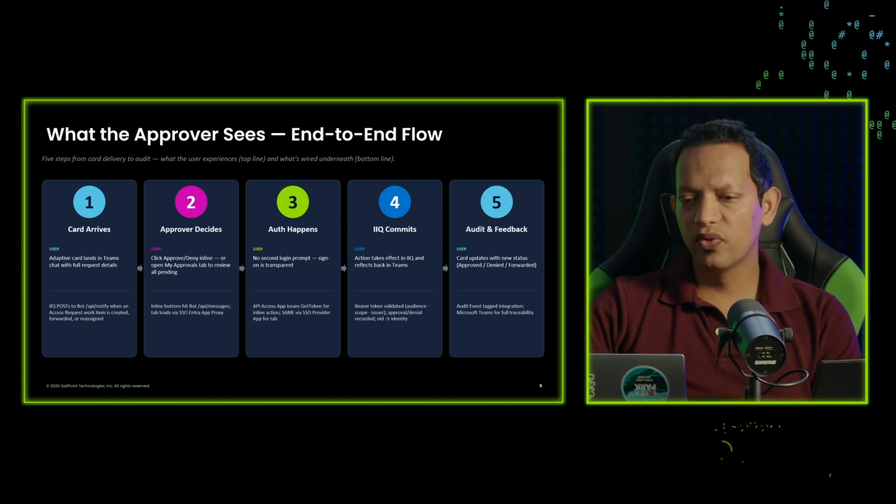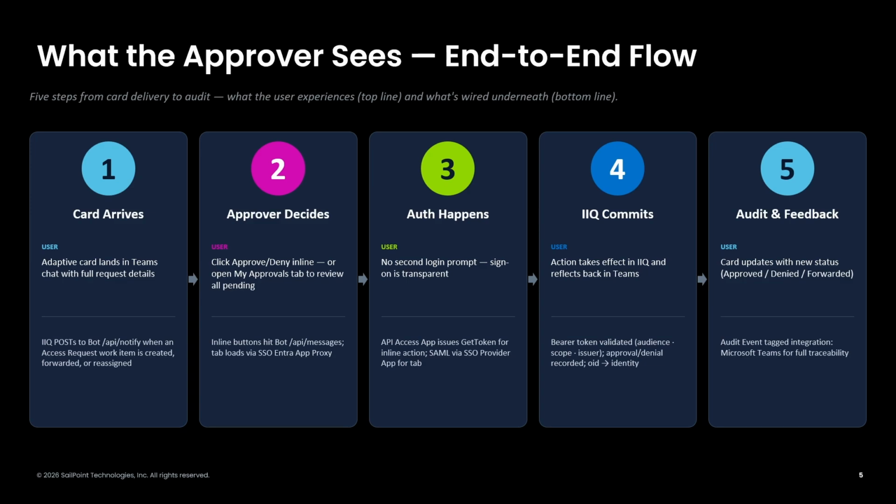Then in steps 4 and 5, IIQ gets the response from the bot, validates that response, and then it backs the audit event, showing from which channel the action was taken.